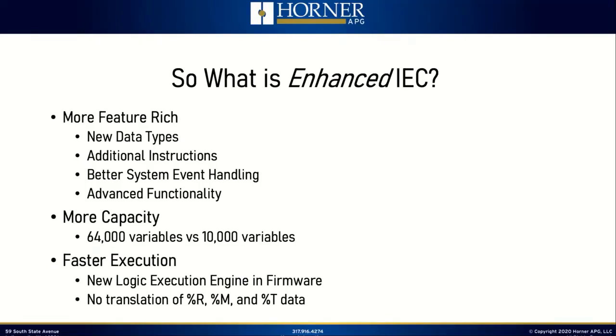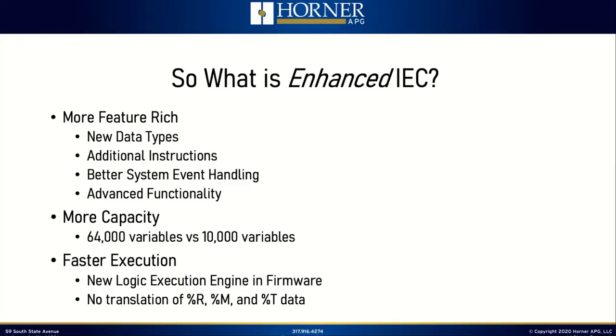The capacity is significantly different. When you use standard IEC languages with any Horner controller, you have the ability to use up to 10,000 variables. And that's a lot, no question. But with Enhanced IEC, you can take that to a totally different level with up to 64,000 variables. Also, the execution is significantly faster. We've got a brand new logic execution engine that is running in firmware, starting with 15.5.